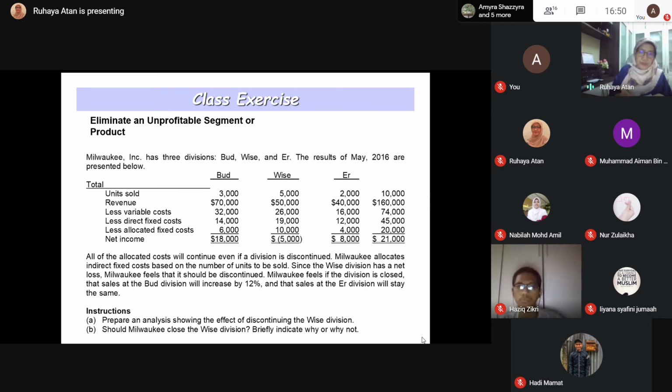Fixed cost of 20,000 needs to be allocated.